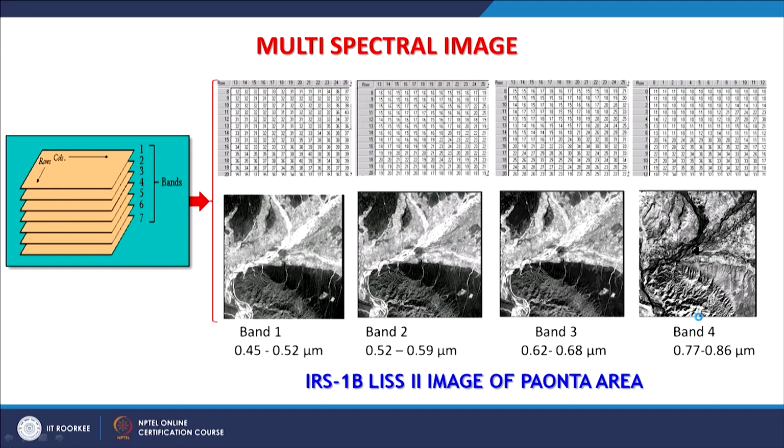Now, as you know, normally single channel data is used only in a panchromatic camera, which many satellites have, like our own Indian panchromatic camera. We started with IRS 1A, 1B and IRS 1C and 1D, and then Cartosat and Resourcesat.